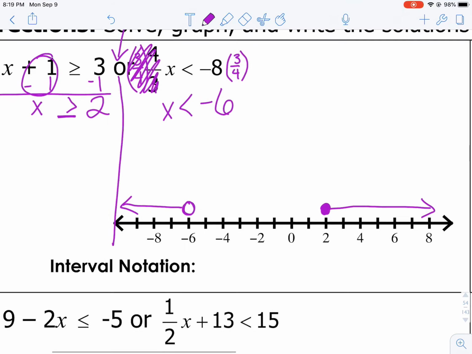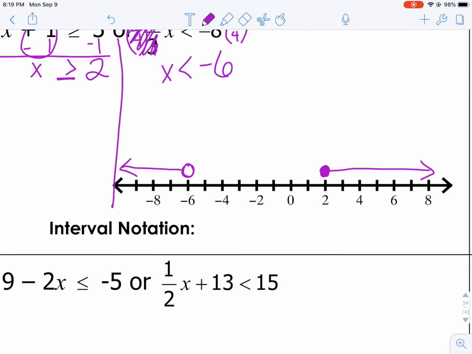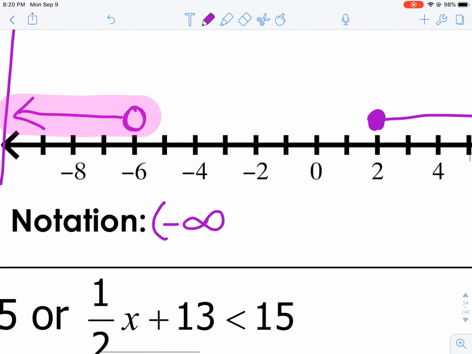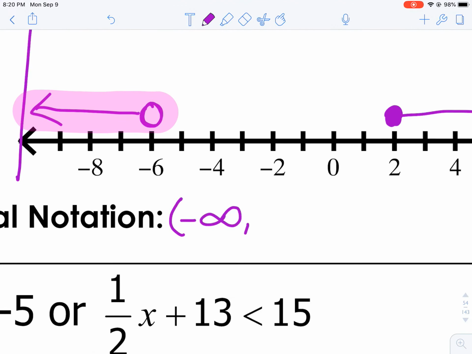When we do our interval notation, we're going one arrow at a time. So looking at this arrow, the left side of that arrow is pointing towards negative infinity. Infinity always gets a parentheses. The right side of that arrow is pointing at -6 with an open circle, so it's also getting a parentheses.